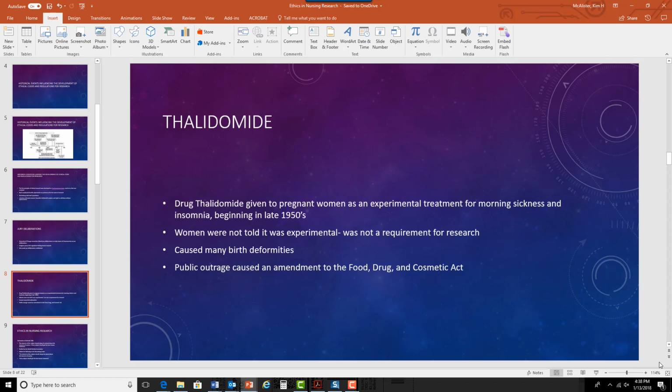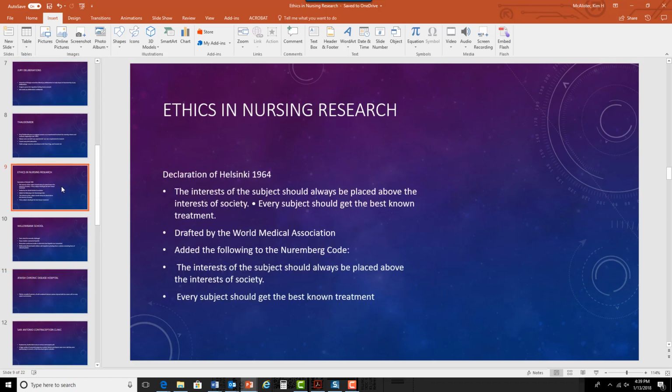Unfortunately, thalidomide caused a lot of birth deformities. It caused babies to be born without limbs or missing part of limbs. And this outrage caused an amendment to the Food, Drug, and Cosmetic Act.